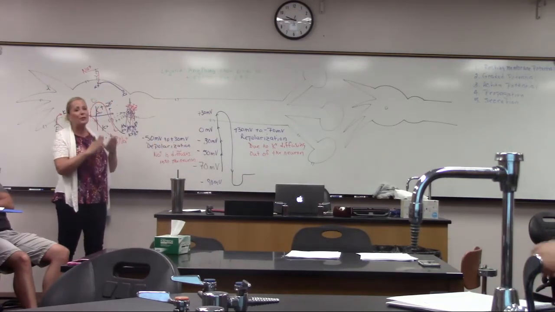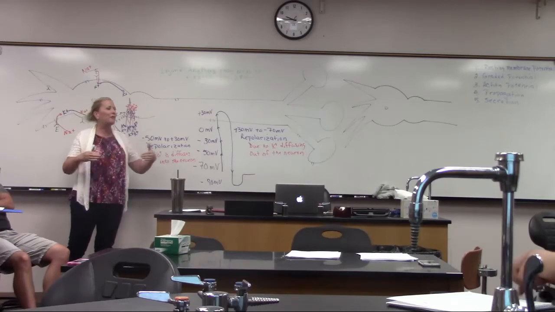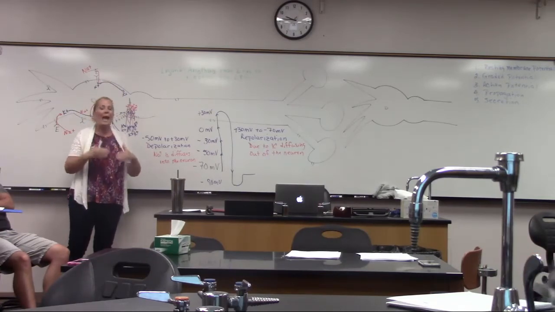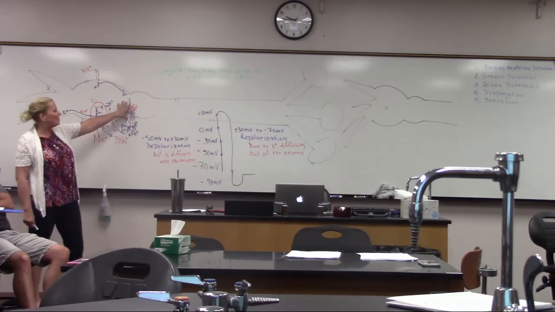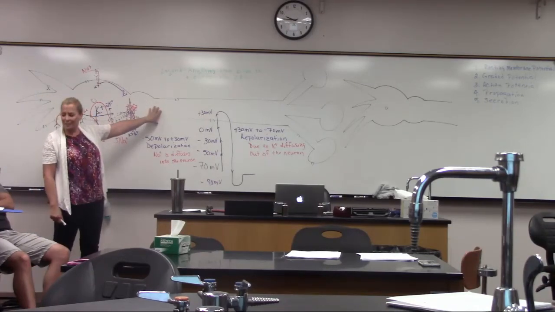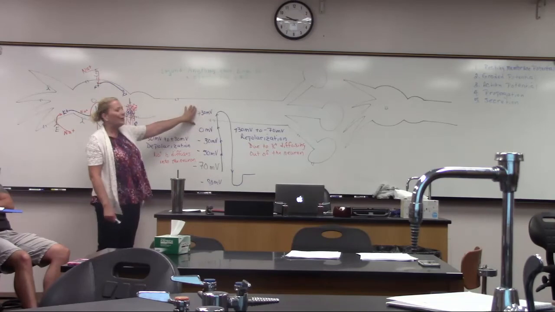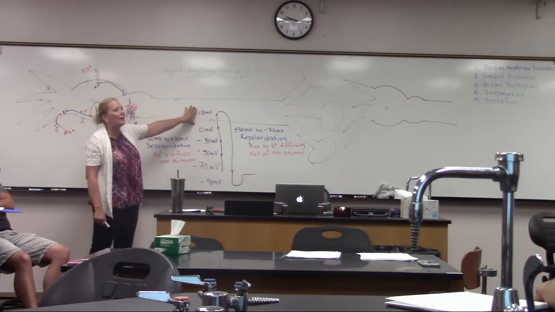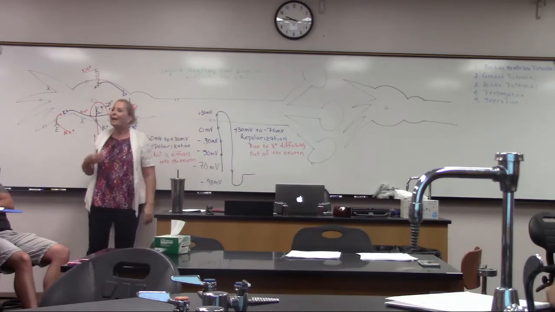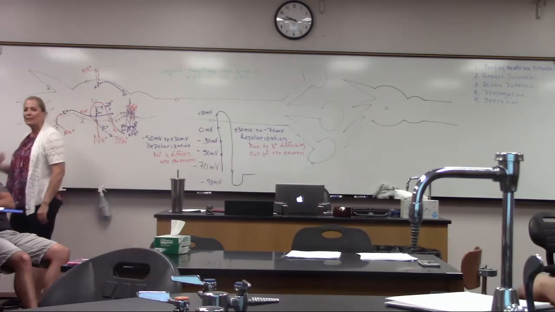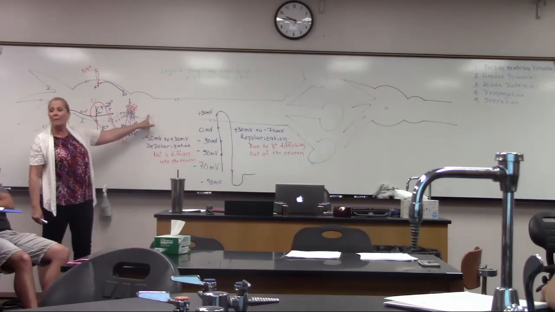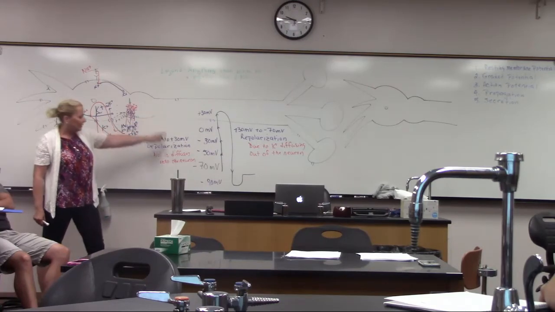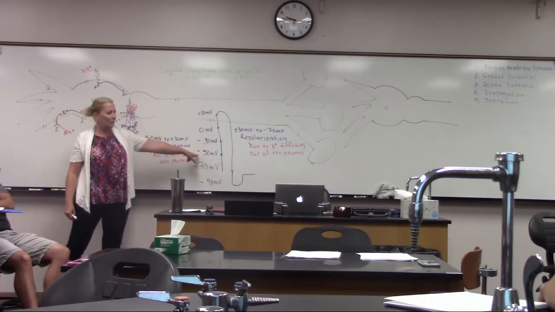And potassium accumulation is what starts every action potential. So we have to have an accumulation of potassium here, start an action potential. Accumulation of potassium here, start an action potential. Accumulate the potassium here, get another action potential. So we're going to have to get another accumulation of potassium to get us from minus 70, which is what the membrane is right here, to minus 50 millivolts.